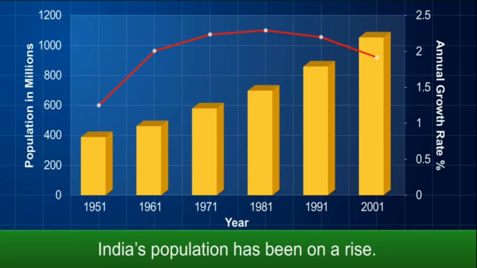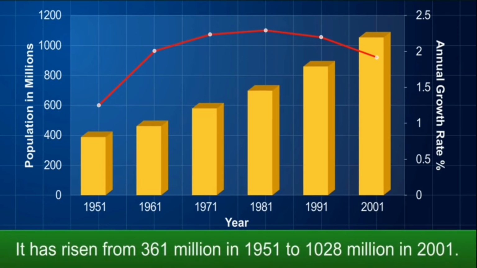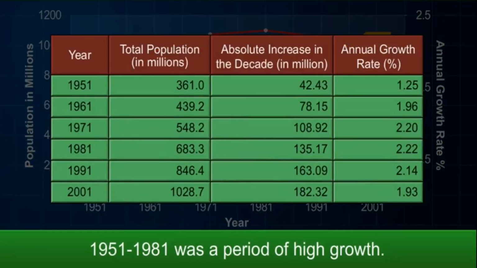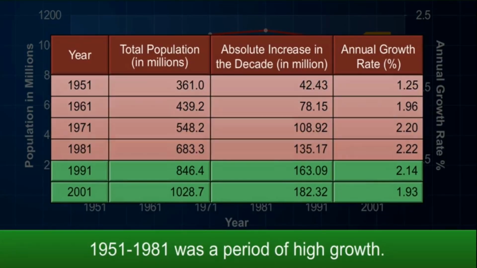India's population has been steadily increasing over the years. From a population of 361 million in 1951, the country's population stood at 1,028 million in 2001. From 1951 to 1981, the annual rate of population growth was steadily increasing.